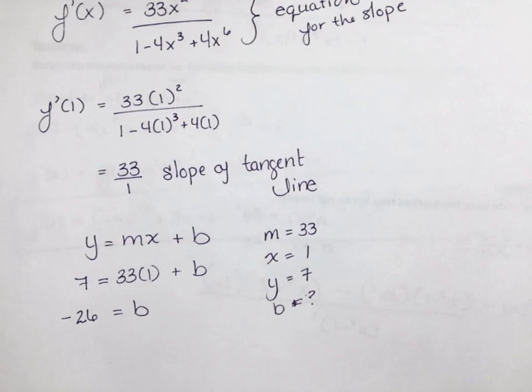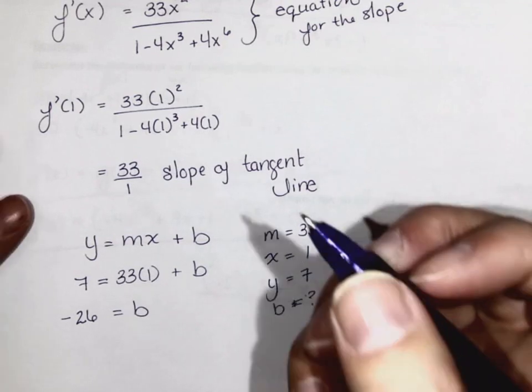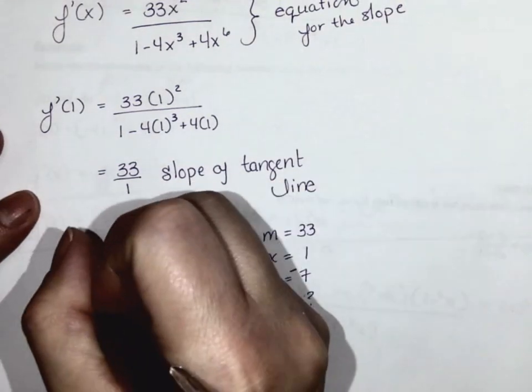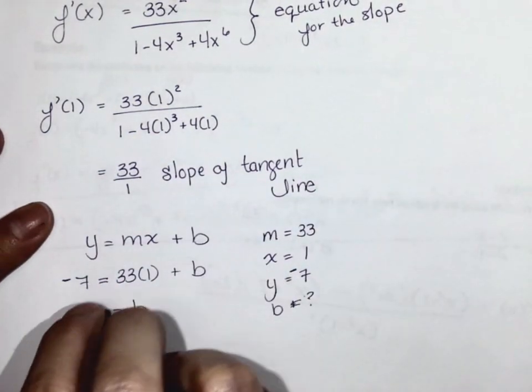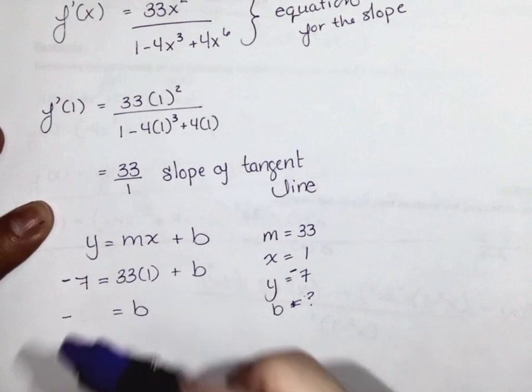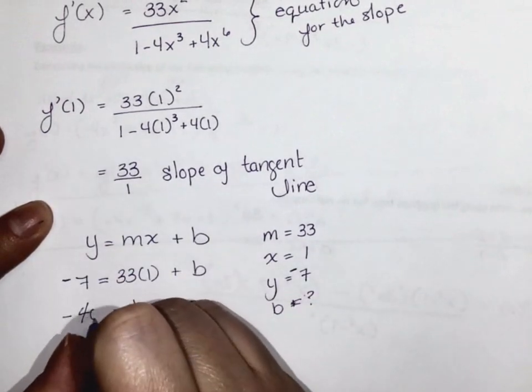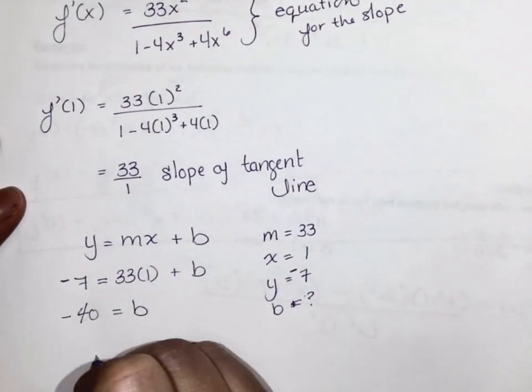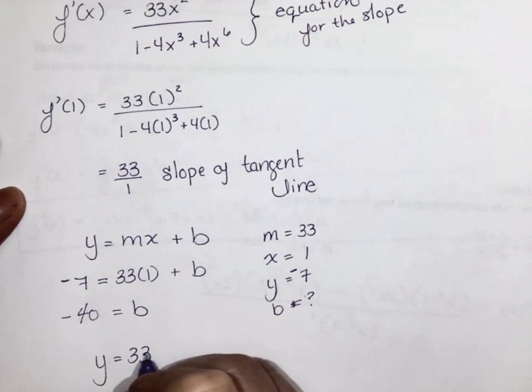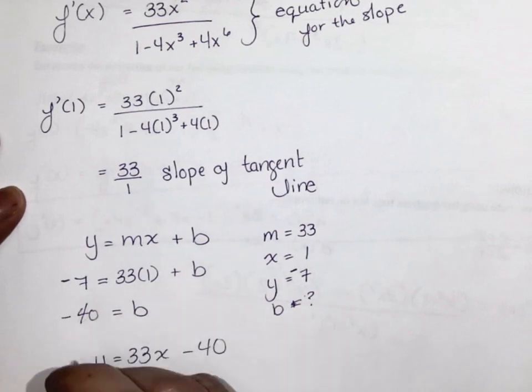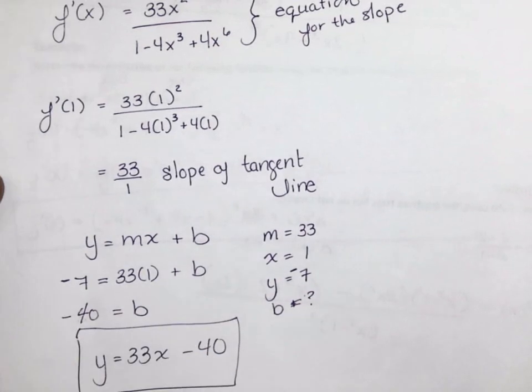So b is equal to, oh no, it was a negative 7. Sorry guys, the question said negative 7. Negative 40, so we have y equals 33x minus 40. That would be the equation of the line.